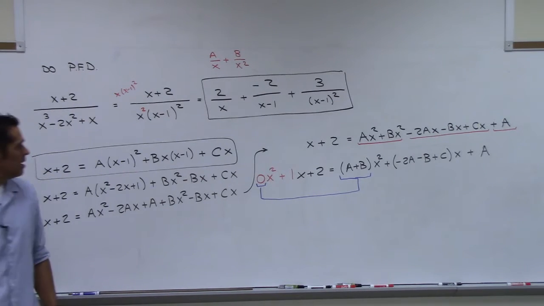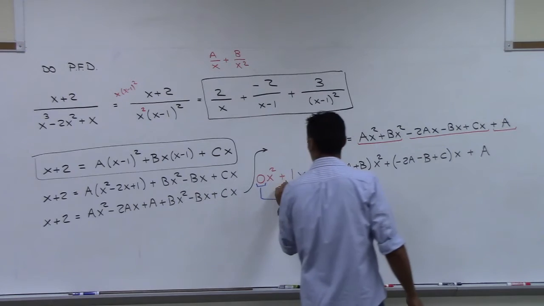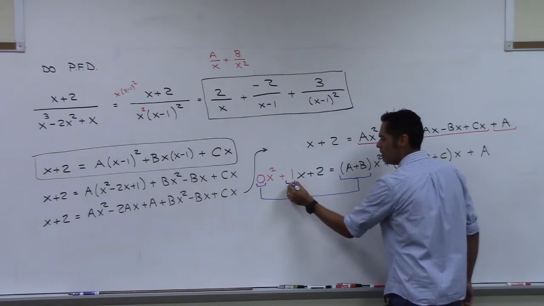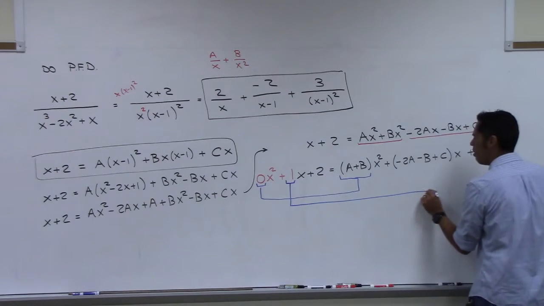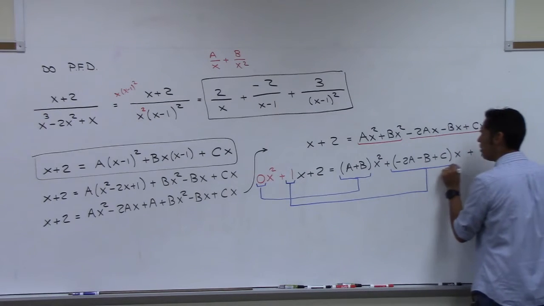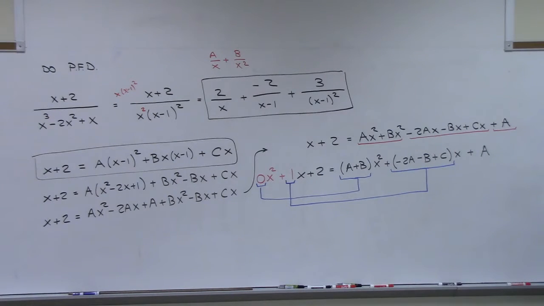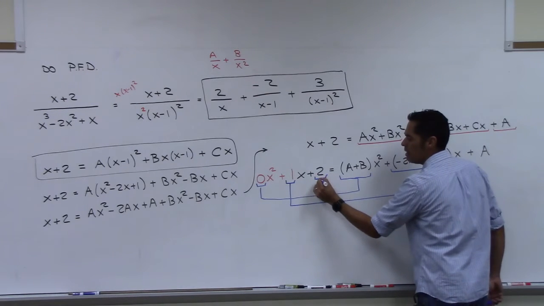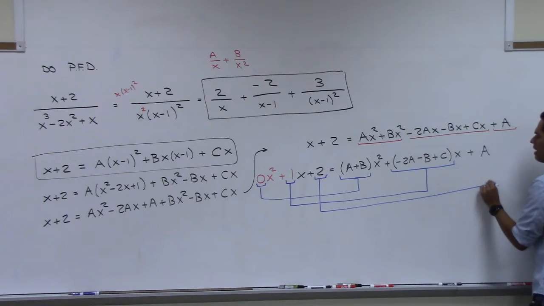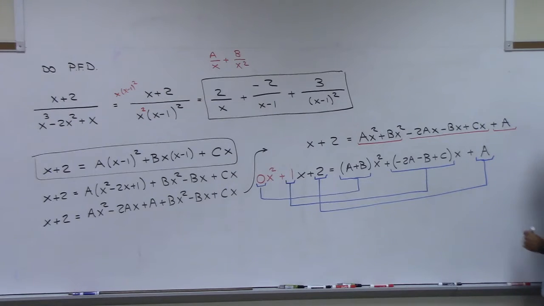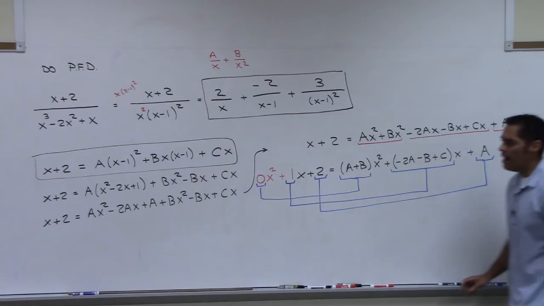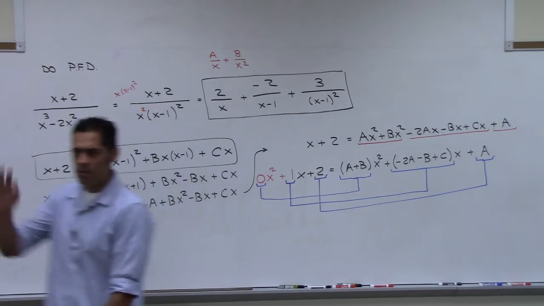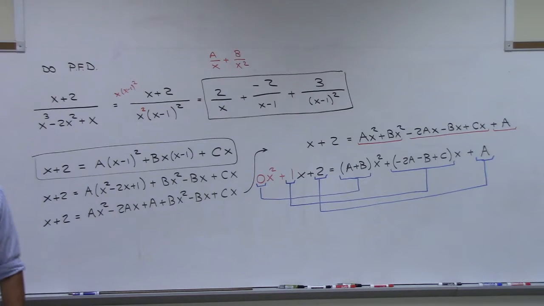The coefficient sitting in front of x, the number sitting in front of x, 1, must be equivalent to the coefficient sitting in front of x here, which is all that stuff. And finally, the number that has no x on it has to match anything over here that doesn't have x on it, which is this. Do y'all see that? And what you now have are 3 equations and 3 unknown variables.